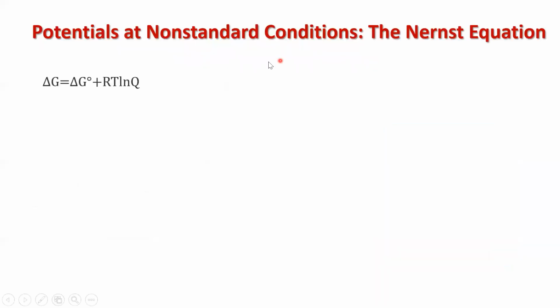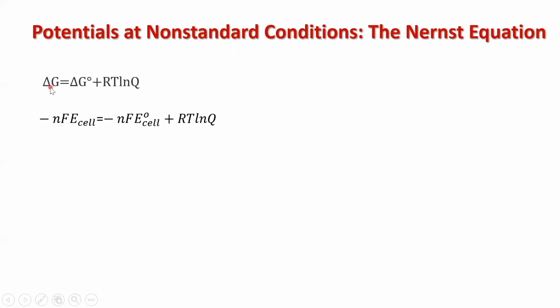All right. So what if we're not at standard conditions? Because often things are not at standard conditions. Well, now we have a little bit of a different equation, which we looked at in a couple of chapters ago. So if we were to look at our free energy at non-standard conditions, it equals our free energy at standard conditions. That's what this little 0 stands for. Plus RT ln of Q, that means we're not at equilibrium.